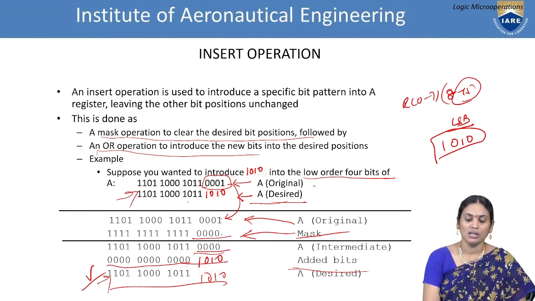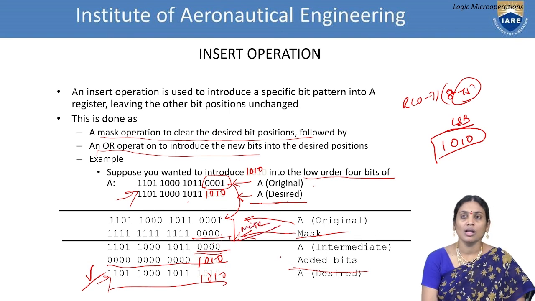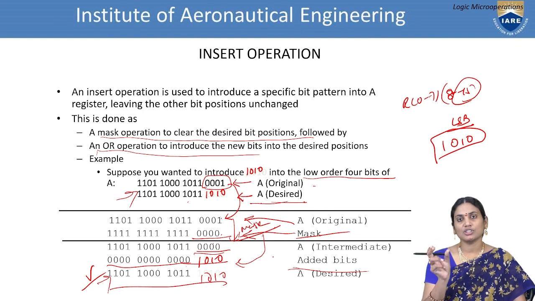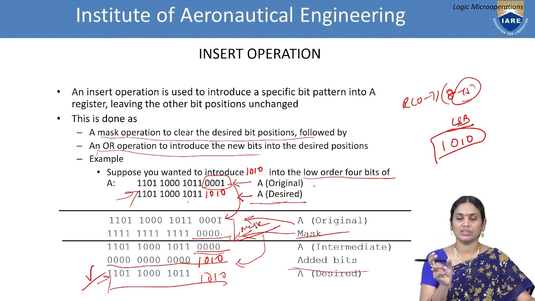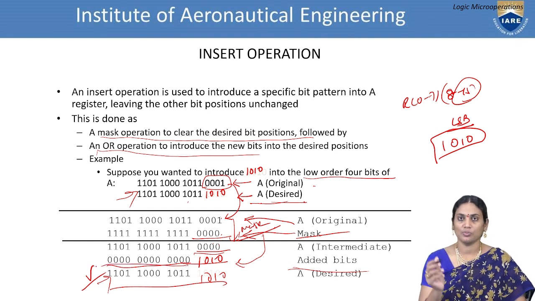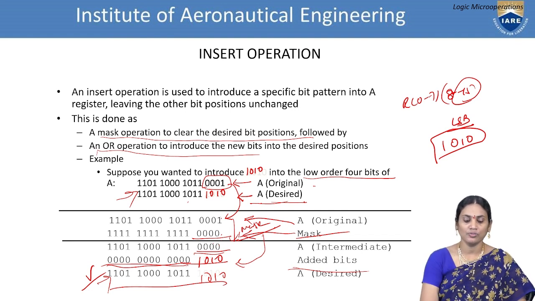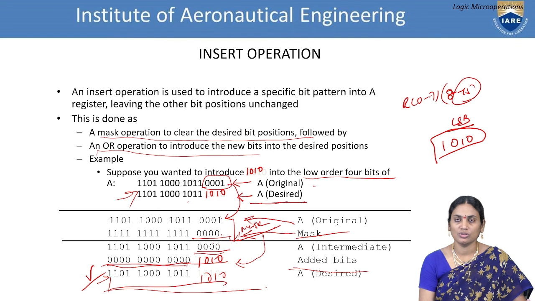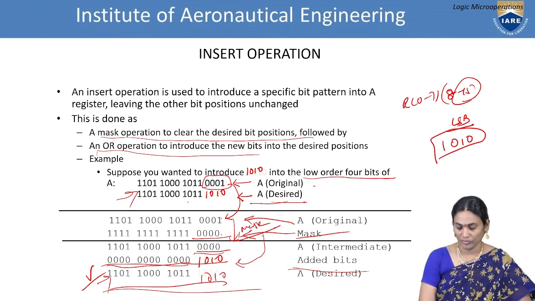So we convert them using a masking operation, and then we add the new number. When adding the last 4 digits, it should not affect the previous digits, so we append zeros in the previous bits. We perform the OR operation for all the bit operations, and we finally get the total result. So this is about the insert operation.